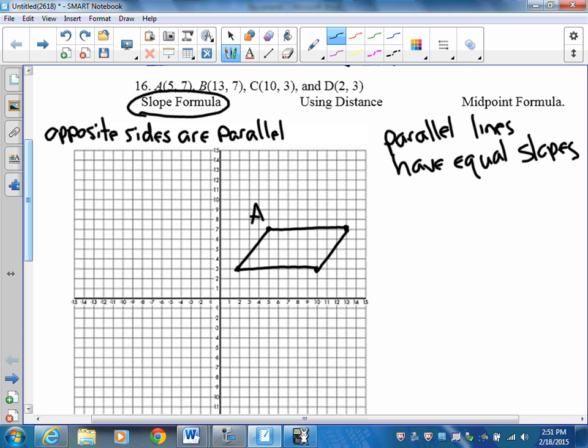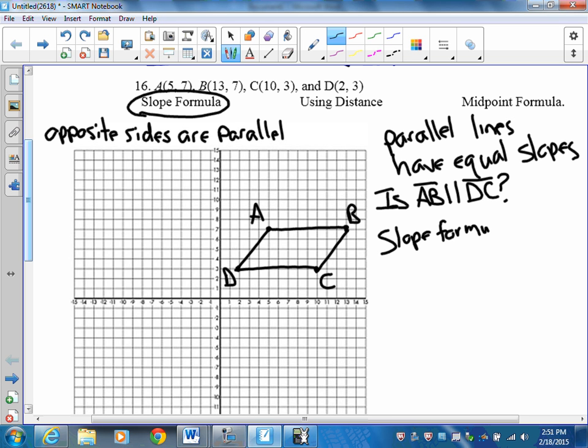So we have A, B, C, and D. So is AB parallel to DC? We use the slope formula. So the slope formula is rise over run.